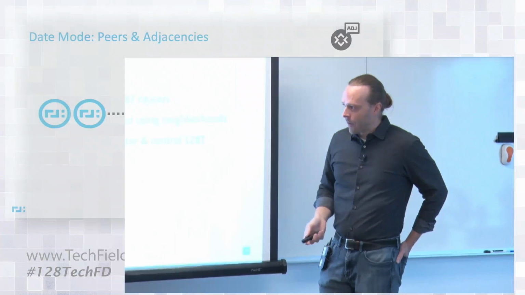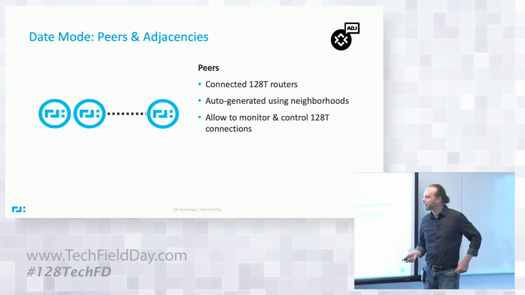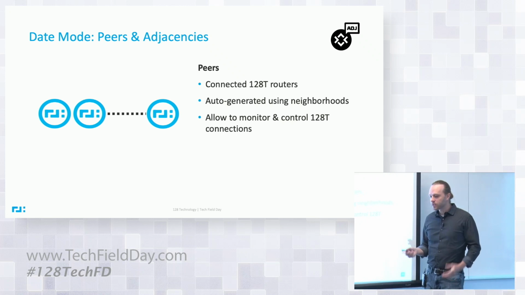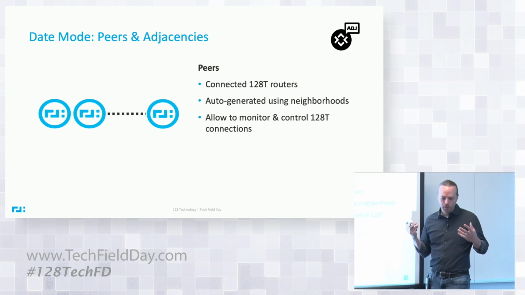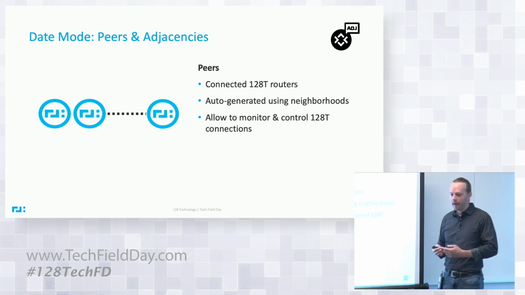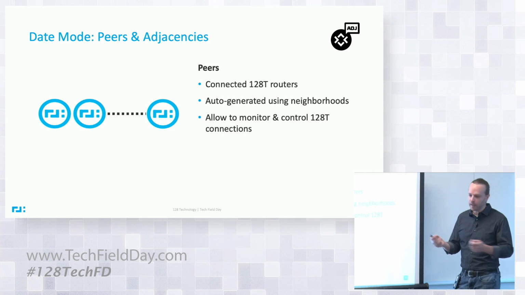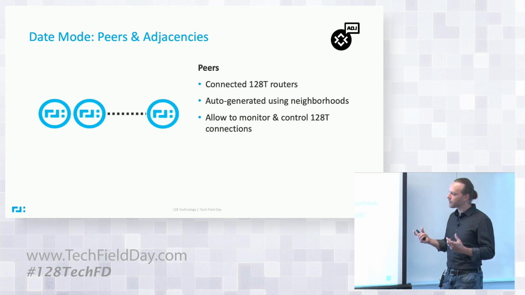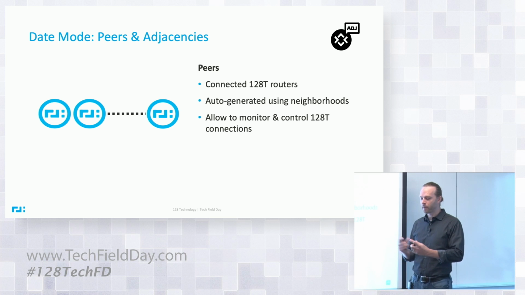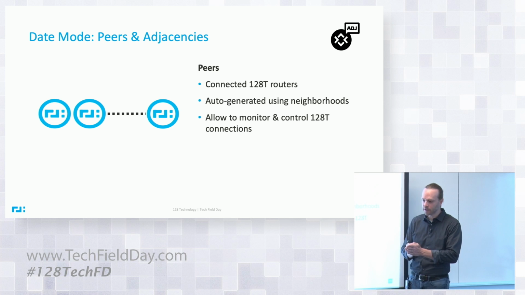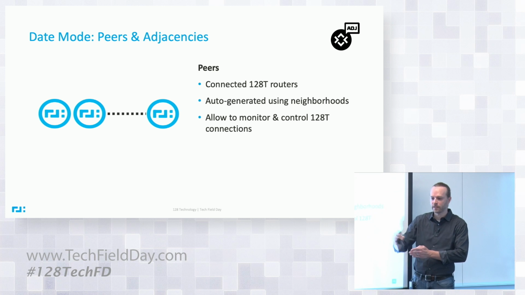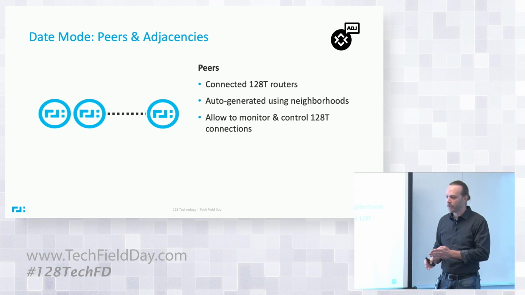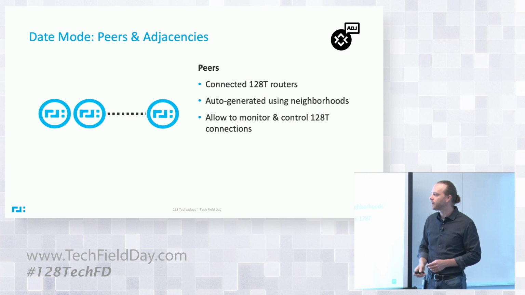Building on that last example with the multiple network interfaces, peers are really nothing more than two interconnected 128T routers. Minimally, they have one interface that's shared between the 128T routers, but really you want to create a peer for the purpose of having multiple paths, whether that be a single interface connecting to two distinct interfaces on an adjacent 128T, the converse, or one-to-one on each side.